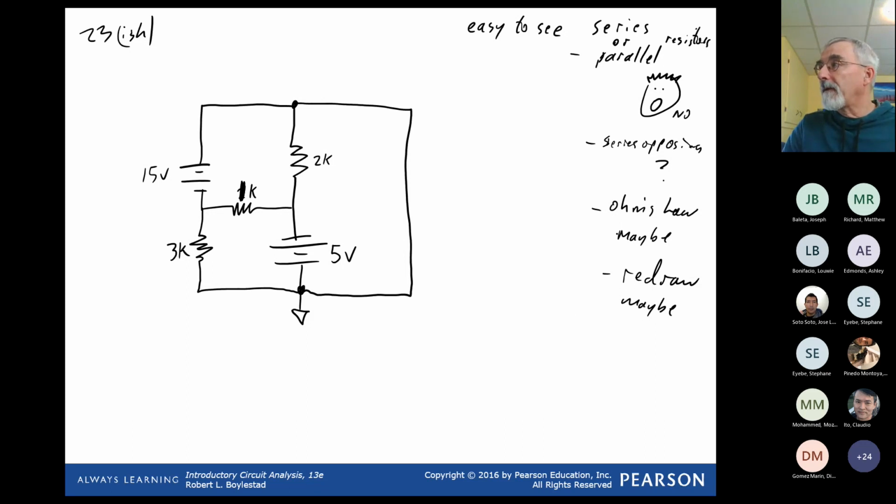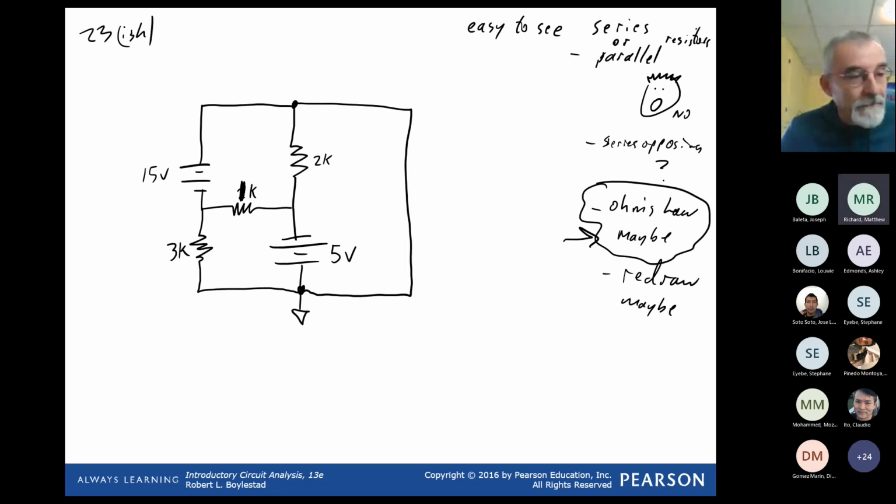So I always like to see, can I use Ohm's law? Especially since this is the series parallel chapter, there should be somewhere I can use Ohm's law. So I'm going to have a look at this right now. Time to travel.